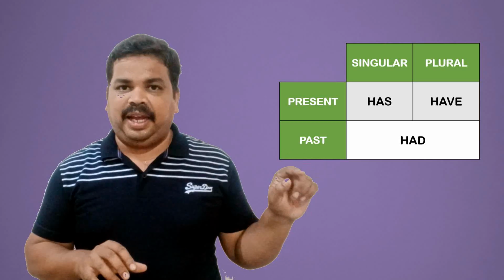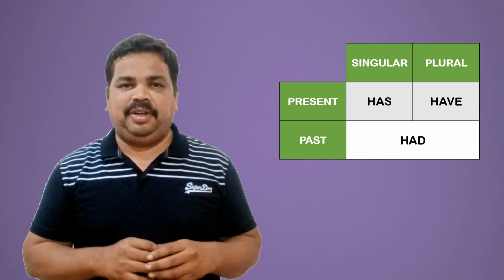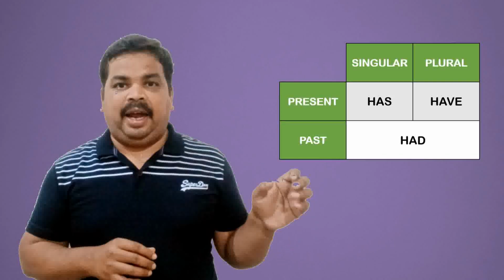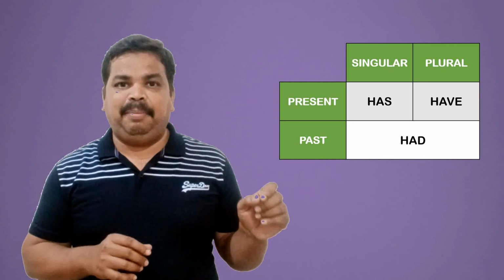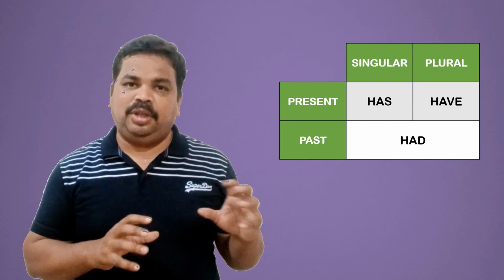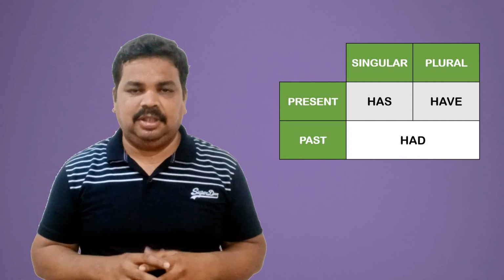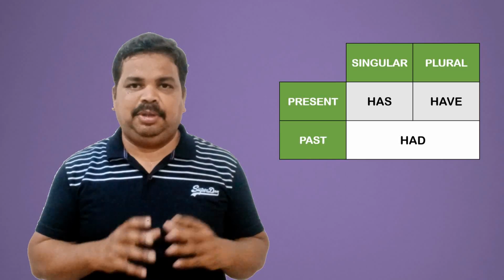Even there we use the word had. If multiple people went, Rodriguez and Matthew had gone to London, they met their sister there, even in that case we use the word had. So had has no confusion. In the past tense, there is no bifurcation between singular and plural. It happens only in the present tense.